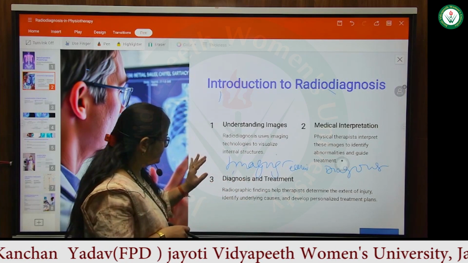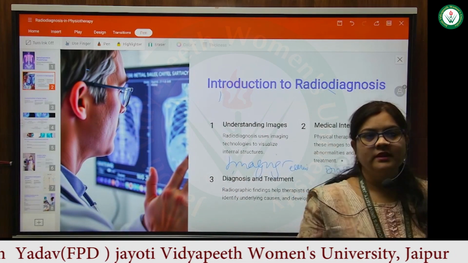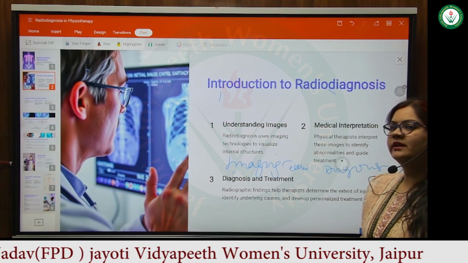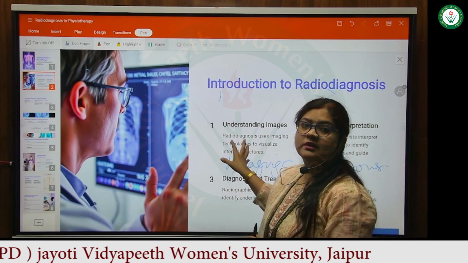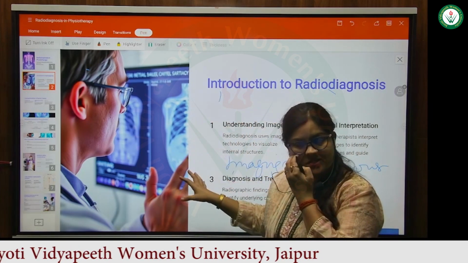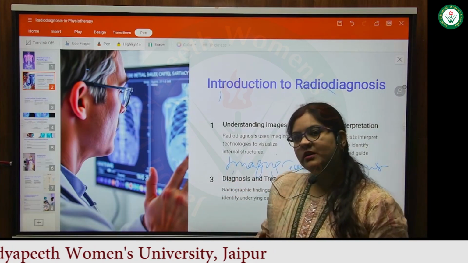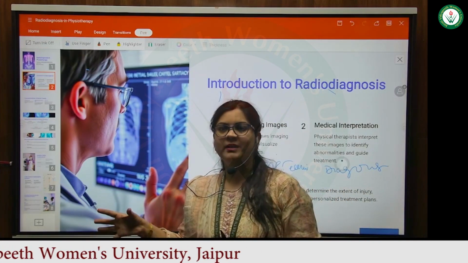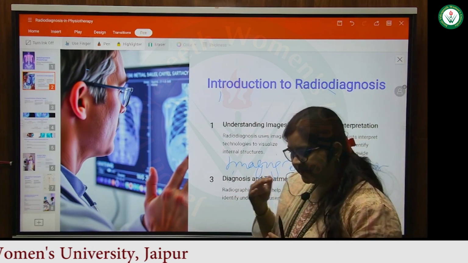So come to the next part, that is the diagnosis and the treatment. As I have said at a very early stage, what is most important in radio diagnosis is that we have to understand the image: what is the image, what are the structures, and what are the differences between the normal and the abnormal structures. Secondly, we have to go for the medical interpretation.